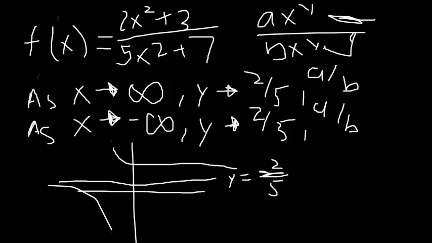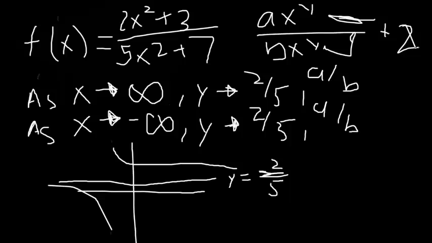And of course it can be shifted once again by stuff out here, like a 2, then it'll be 2 and 2/5. But yeah, A over B.